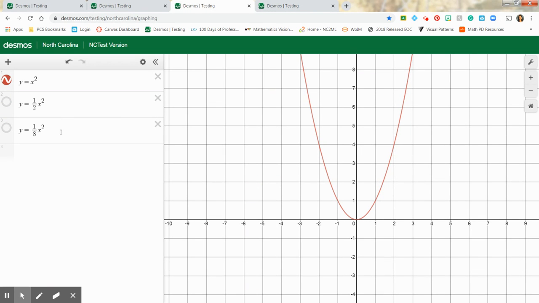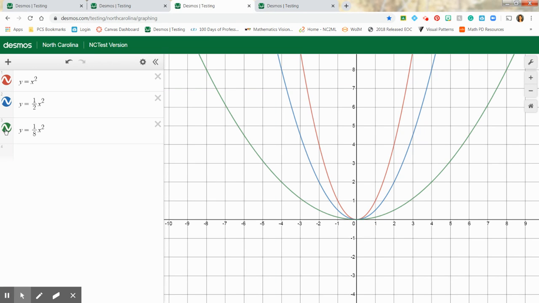Now I'm going to look at what happens if I make my coefficient a fraction. So if a larger number made my parabola skinnier, fractions do the opposite. Fractions make my parabola wider. So 1/2 made it a little bit wider, but 1/8 makes it much wider.